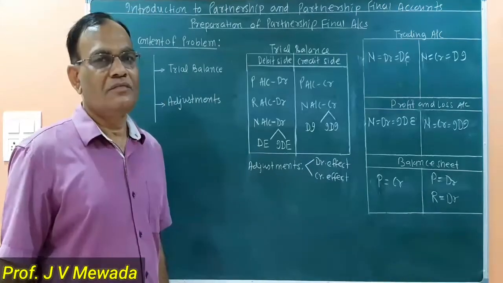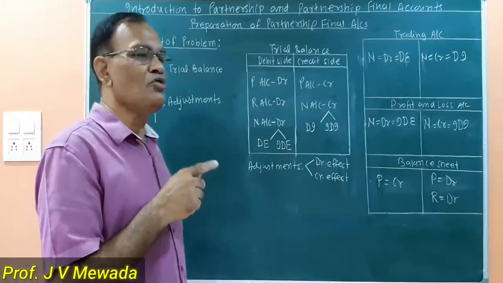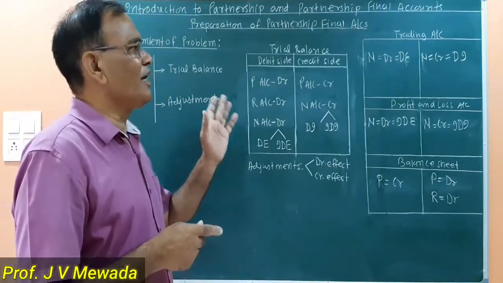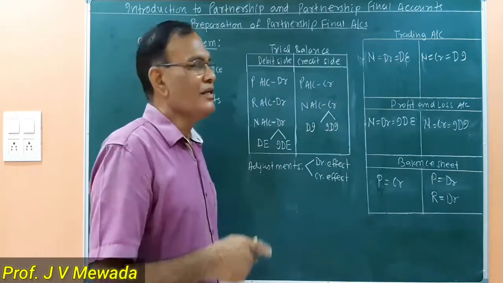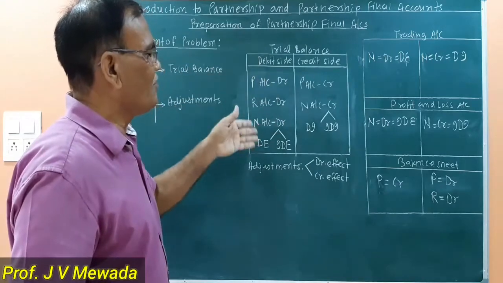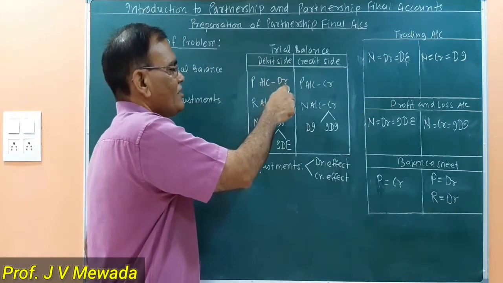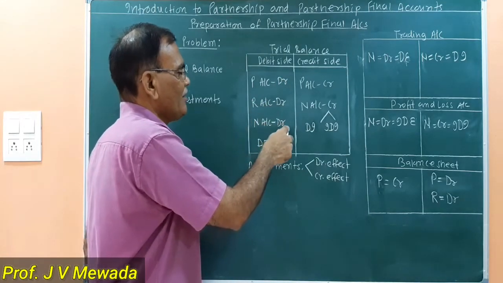Okay. Now we will see another type of classification which is also useful to us for transfer of items from trial balance to trading account, profit and loss account, and balance sheet. Now let us classify the debit side. On debit side, we have three types of account: personal account, debit balance; real account, debit balance; and nominal account, debit balance.